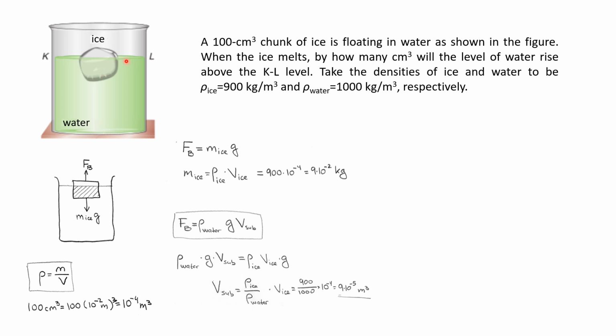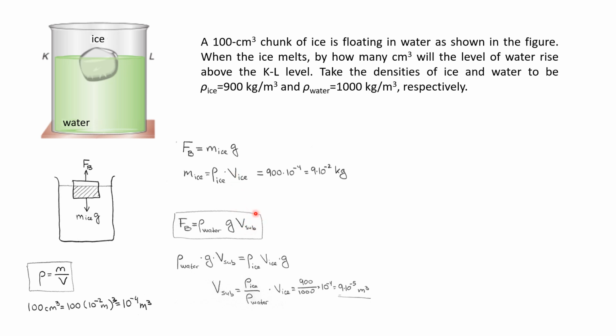In this case, it's this volume, or this shaded region. If the object was fully submerged in water, then it would have been equal to the volume of the object, in this case the volume of the ice. But here we have to be careful. The submerged volume is not necessarily the same as the volume of the ice.